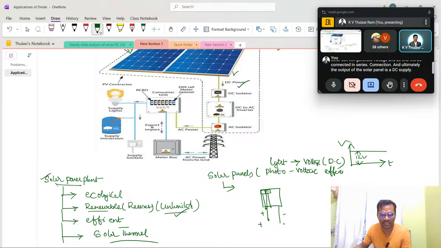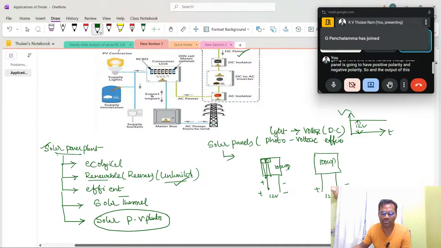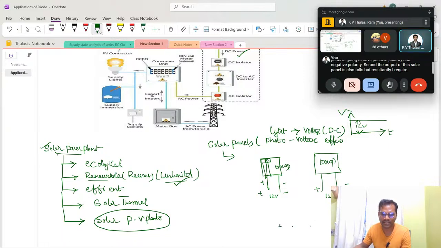And let us assume that this is a 100 watt peak solar panel, and it is generating some 12 volts, and we are going to have one more 100 watt peak solar panel. It is going to have positive polarity and negative polarity. The output of this solar panel is also 12 volts, and I require only 12 volts for my charge controller.